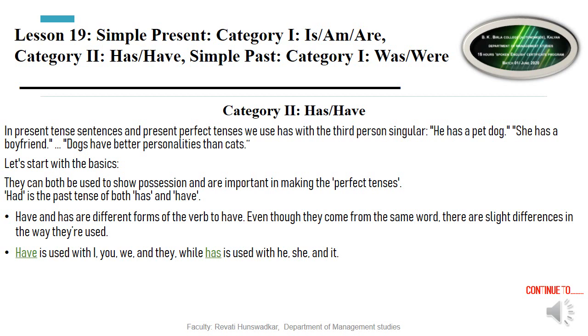Other than a singular subject, we can add have. An affirmative sentence: I have a pen. And if I want to convert it into negative: I don't have a pen. So here, has and have are slightly different. Have is used with I, you, we, and they, while has is used with he, she, and it.